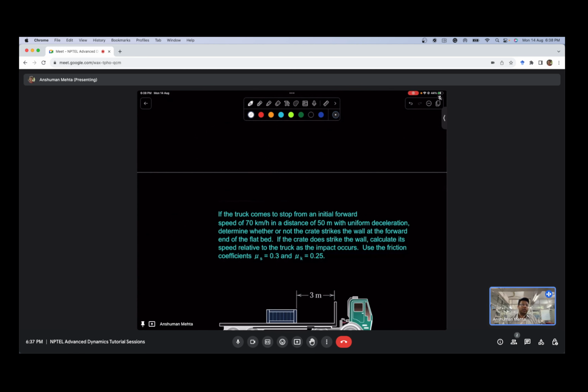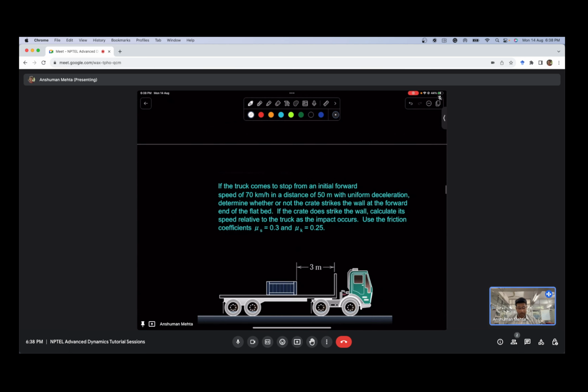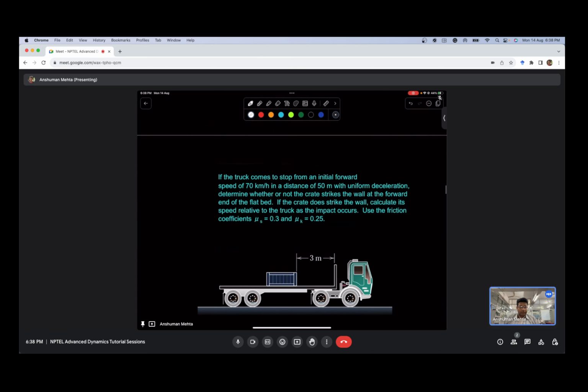Now the thing is, if the truck comes to a stop from the initial forward speed of 70 km per hour in a distance of 50 meter with a uniform deceleration, determine whether or not the crate strikes the wall at the forward end of the flatbed. If the crate does not strike the wall, calculate its speed relative to the truck as the impact occurs. Use the friction coefficients mu s equal to 0.3 and mu k equal to 0.25.